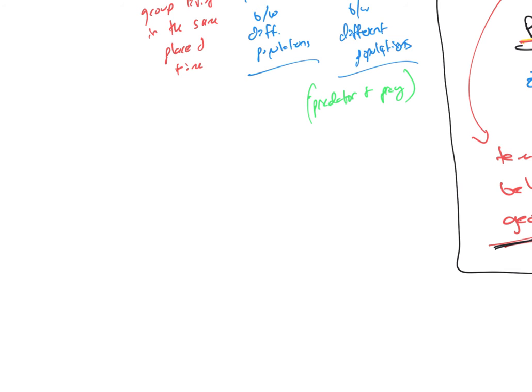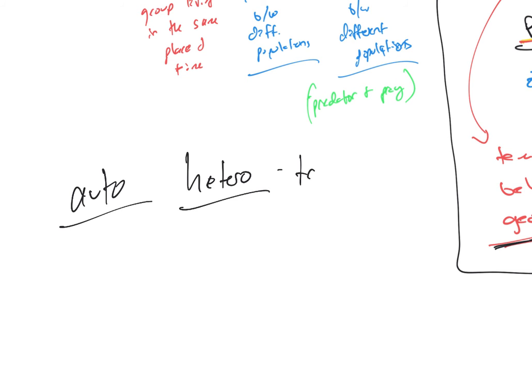So there is autotrophic and heterotrophic. So trophic is a suffix, and auto and hetero are the prefixes. So this means self, this means different.